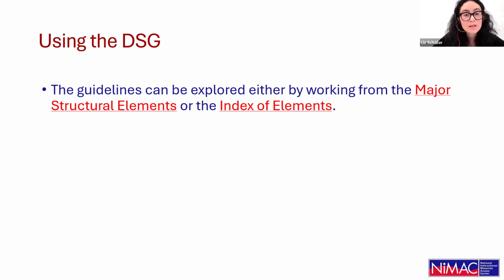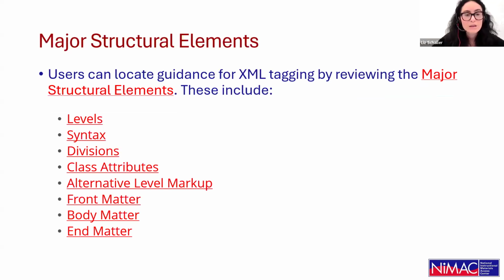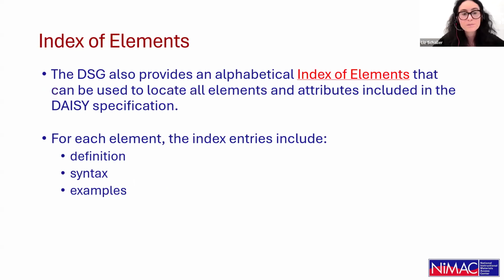There are two ways that you can utilize the DAISY structure guidelines. You can either work from the major structural elements or from the index of elements. The major structural elements include the levels, the syntax, the divisions, as well as those key segments of the book itself, the front matter, body matter, and end matter. There's also an alphabetical index of elements.